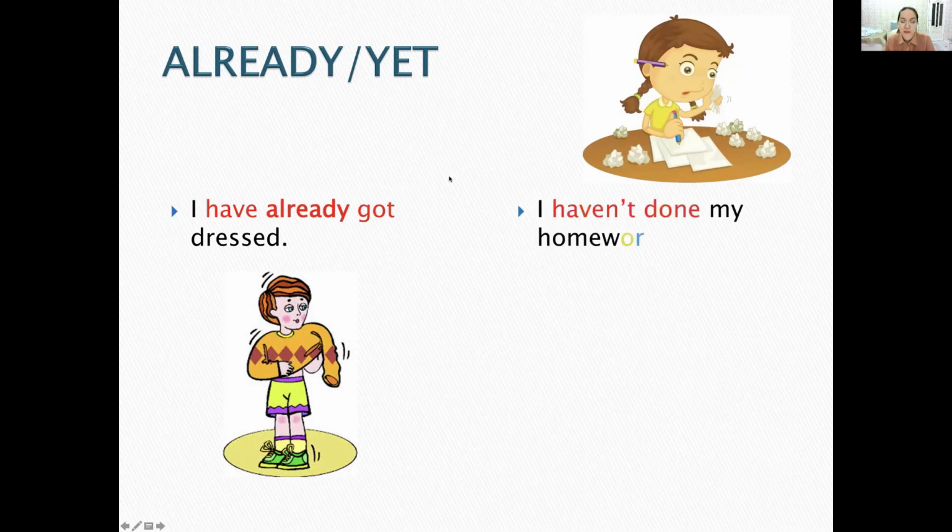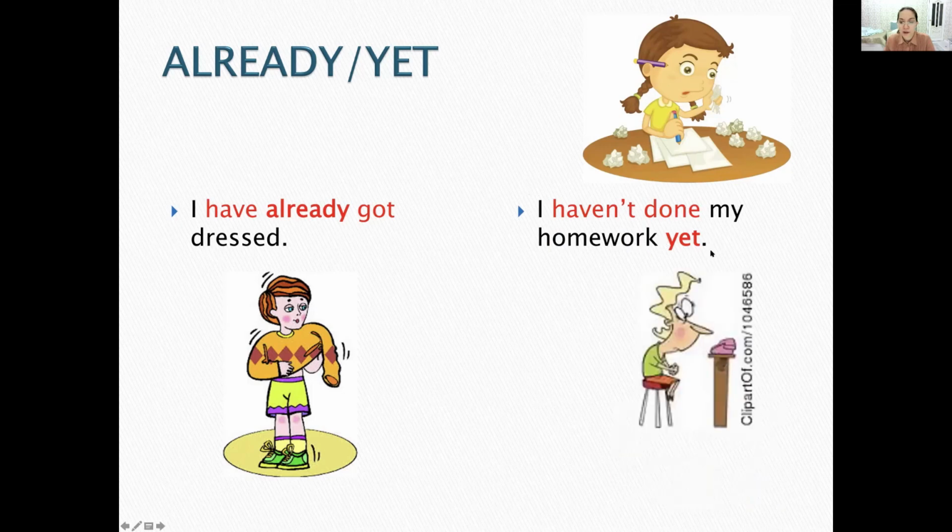Second example, I haven't done my homework yet. Usually the word yet we use at the end of the sentence. I haven't done my homework yet. Okay? Has Sarah called yet? And also, yet we use in negative sentences and in question sentences. Has Sarah called yet? Here a negative and here a question.